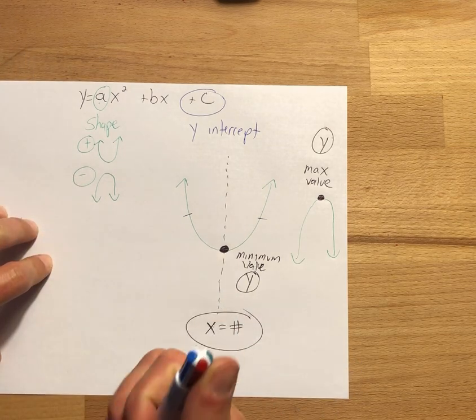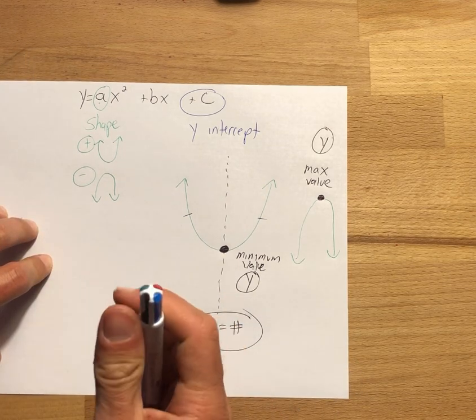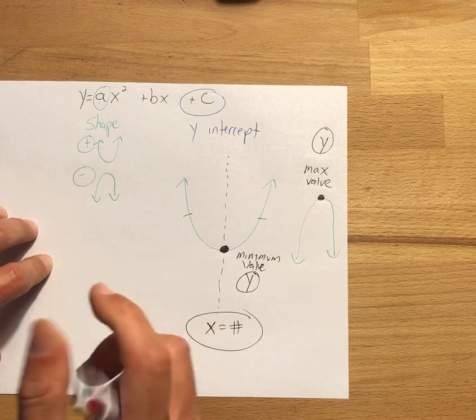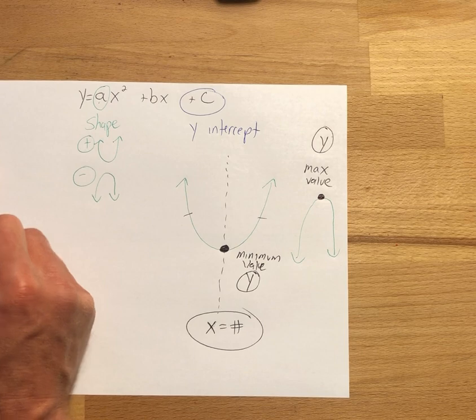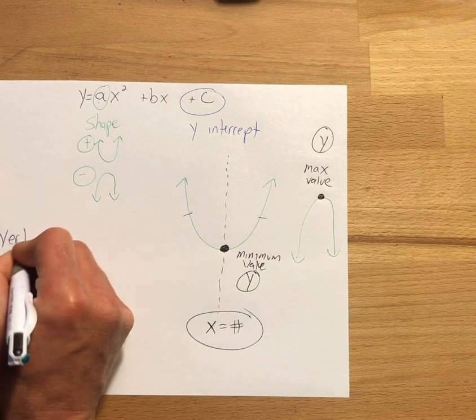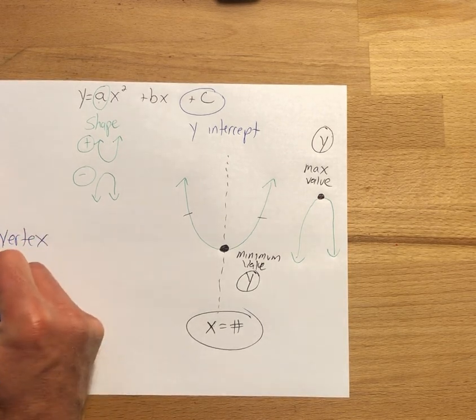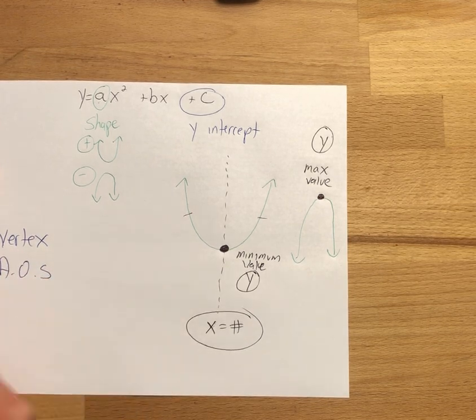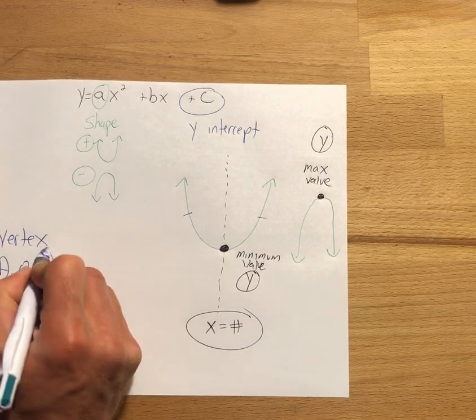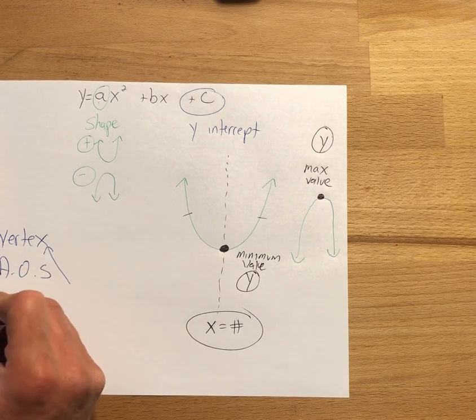The next thing the notes talk about is that you can always graph a quadratic equation if we know a couple things. Number one, the vertex, which I'm going to teach you how to find. Number two, your AOS, your axis of symmetry, which has to do with your vertex.